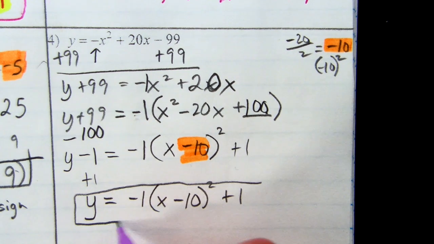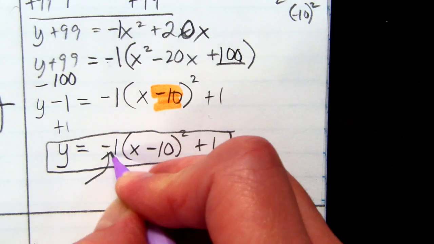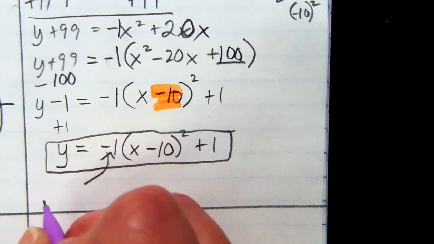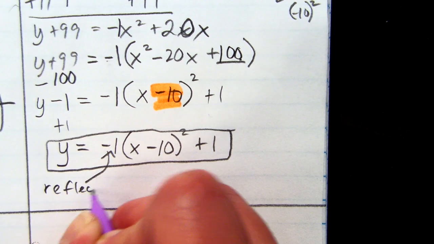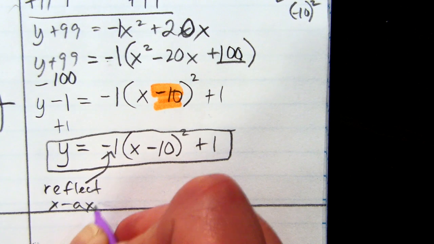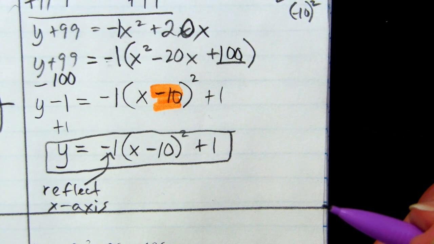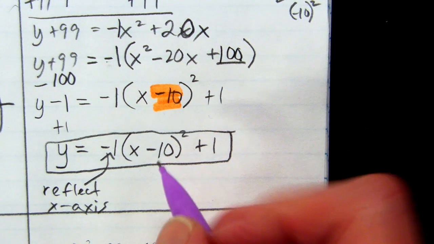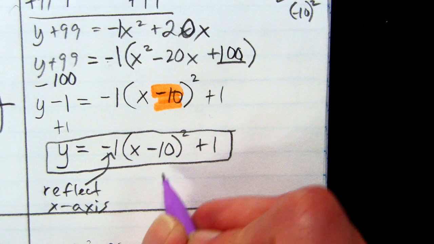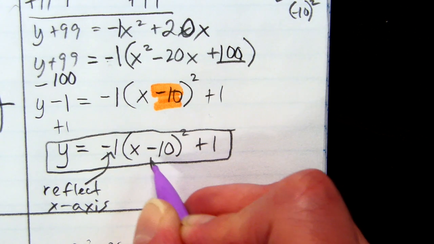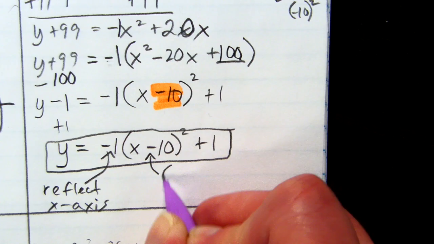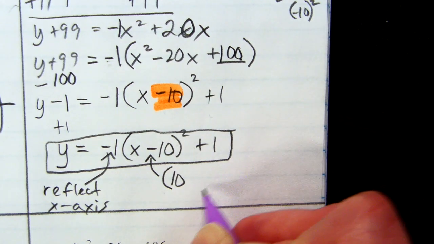So the end result doesn't look that different, but it does have that negative. And we've talked about what that does. That's going to reflect it over the x-axis, okay? So we know that our parabola opens down. And then we can get the vertex. So remember, we're going to do the opposite sign of negative 10 and make it positive 10.